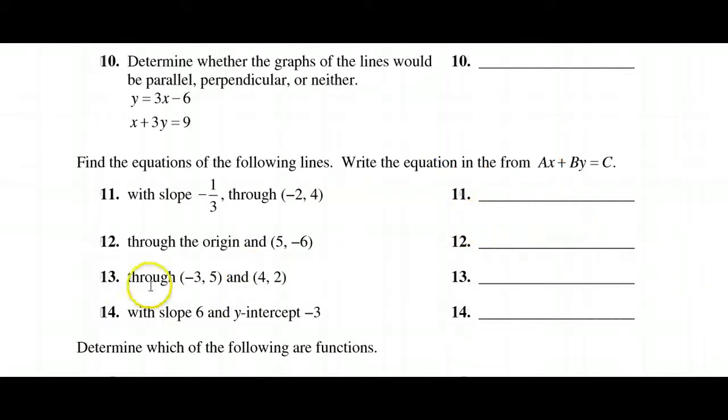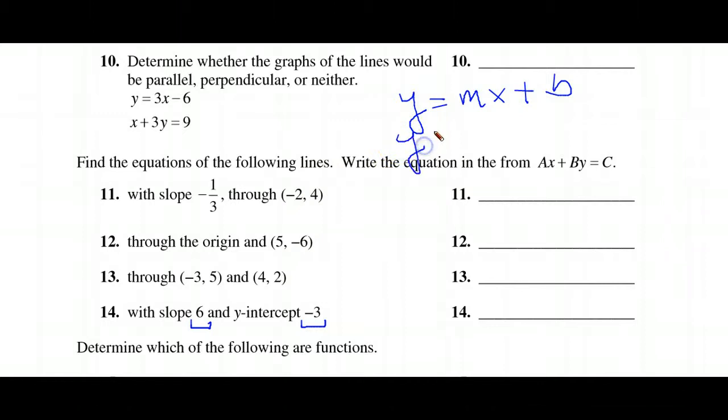Now for number 14, again, strategy. They're telling us the slope, and they're telling us the y-intercept. So we can just use this y equals mx plus b to write this formula out.